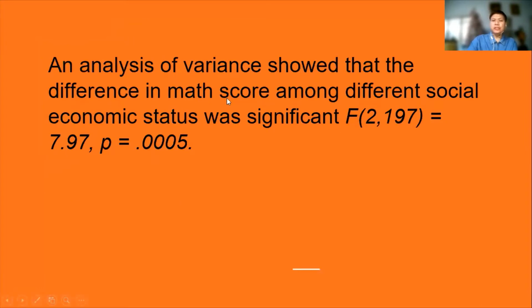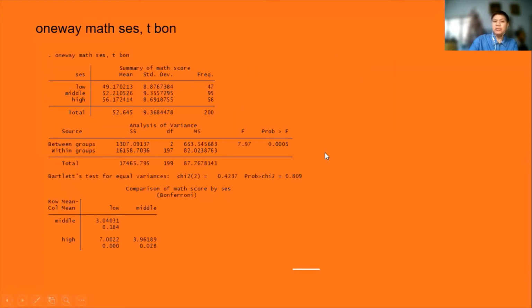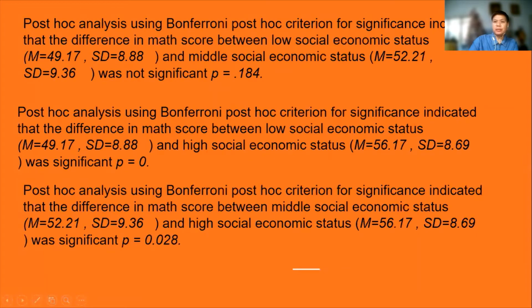It says here that an analysis of variance showed that the difference in math score among the different social economic status, or you can write among students from different social economic status, was significant. You have to disclose the F value and then the P value, which is 0.0005.